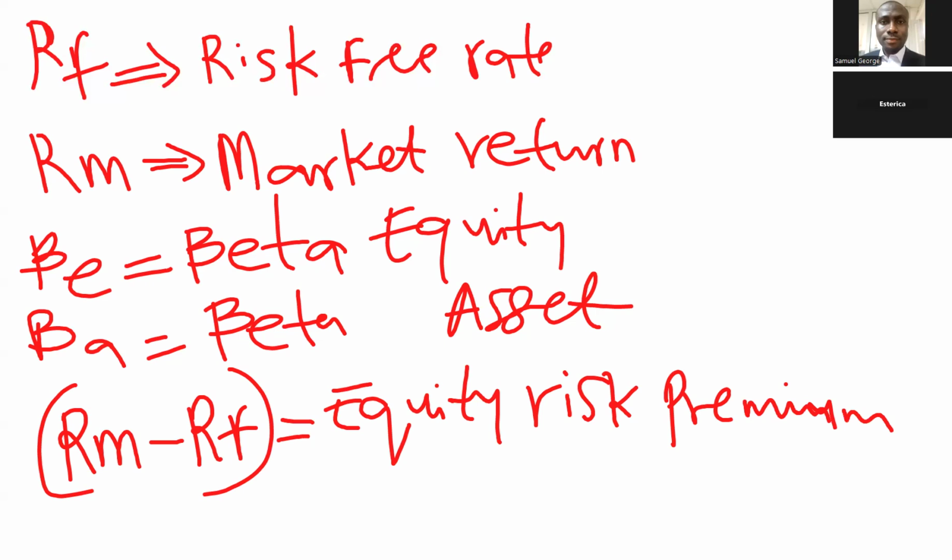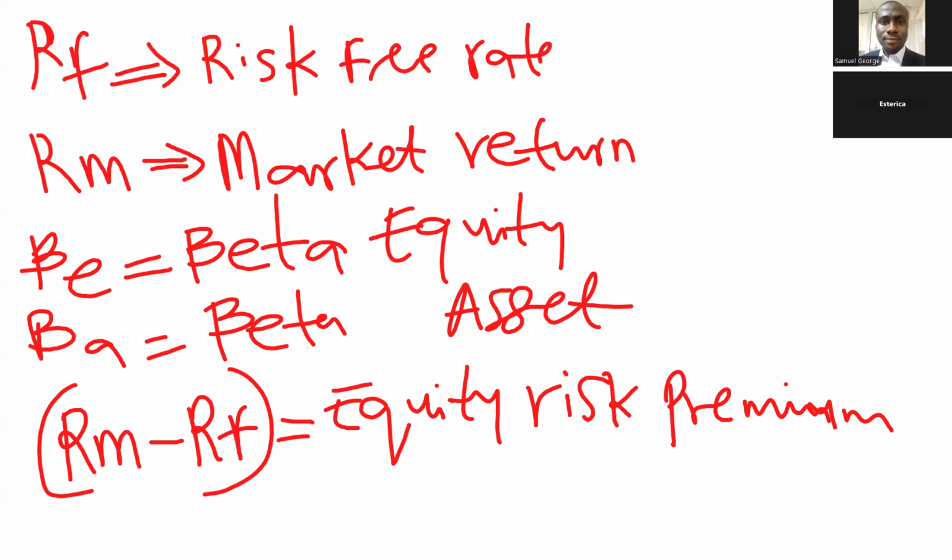Equity risk premium. So we have to watch out for what the examiner gives us: equity risk premium or market return. If they give us equity risk premium, we just put the figure, whatever is in the bracket. But if they give us market return, that means they just gave us RM. Okay, I'm sorry about that.